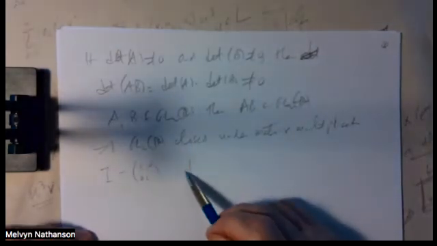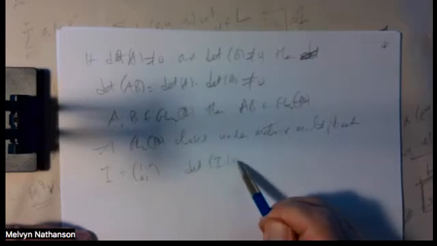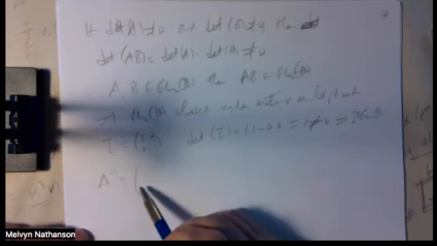You can also observe that if I is the identity matrix, the determinant of I is 1 times 1 minus 0 times 0, which is 1, not 0. So GL2R certainly contains the identity. And every matrix with non-zero determinant has an inverse. A inverse is, I claim, the following.